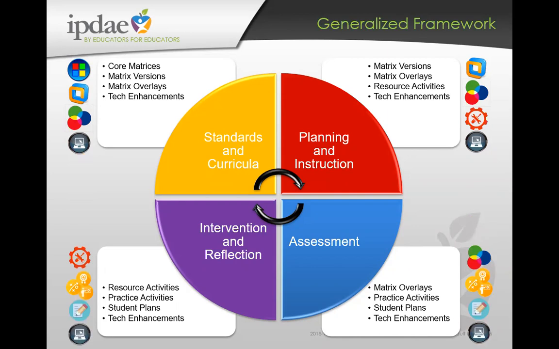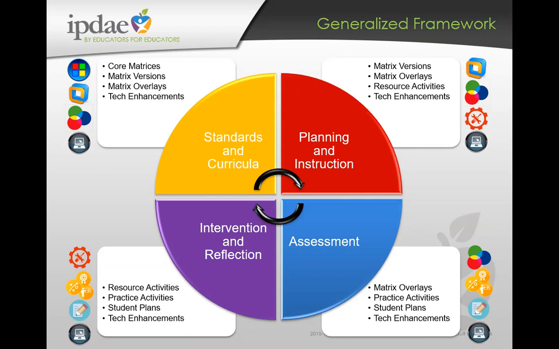And then for assessment, you can also use your resource activities as an informal assessment for your students. So you save that practice exercise to see whether they have mastered the skill or not, or do they need a little bit more remediation. And then you go into your reflection stage as to, okay, has the student met the standard, or are we still needing more resources along the way?